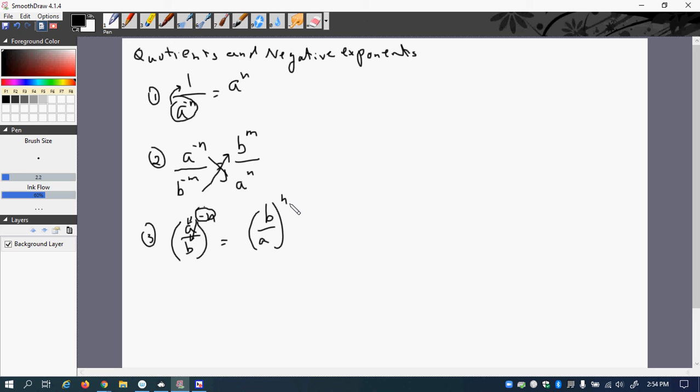So if we take a look at an example, if we have 1 over 2 to the negative 5, then that's the same thing as taking all of this and moving it to the numerator, so that becomes 2 to the 5th.